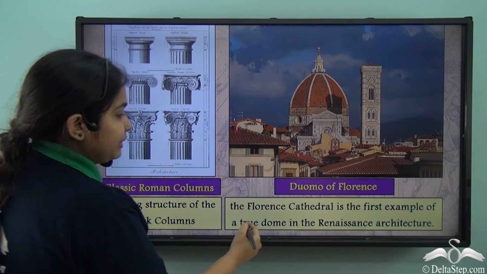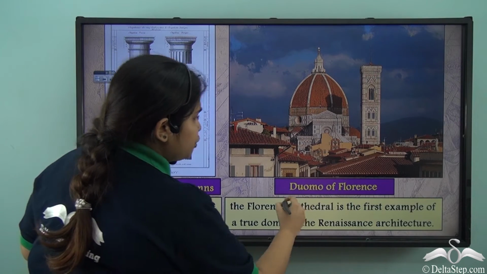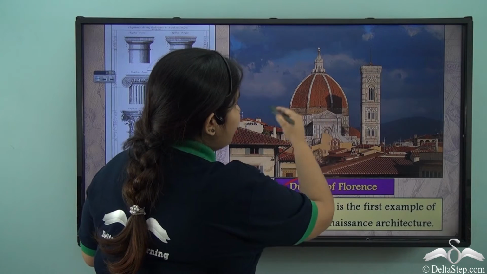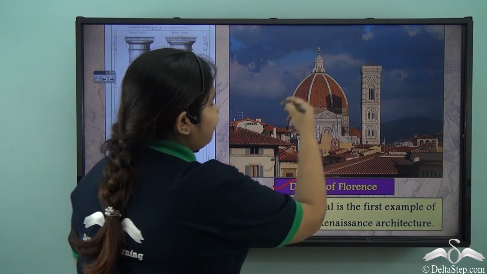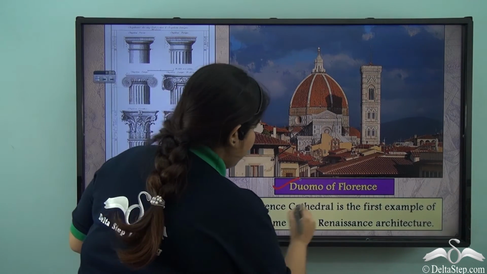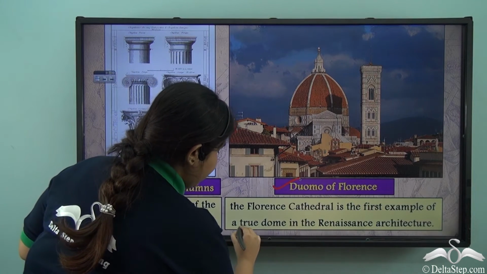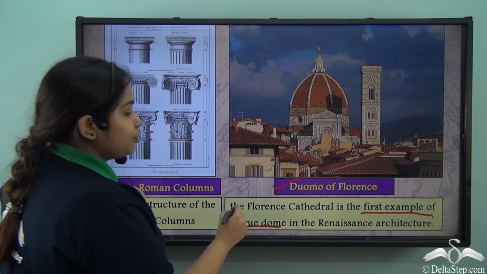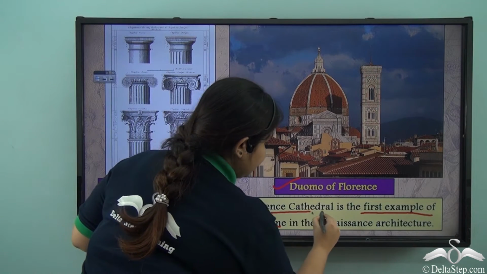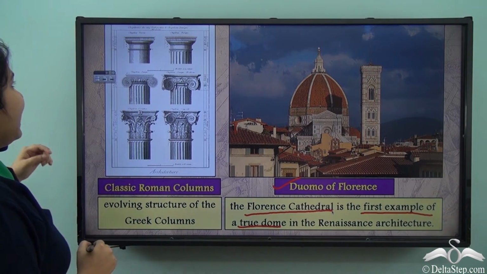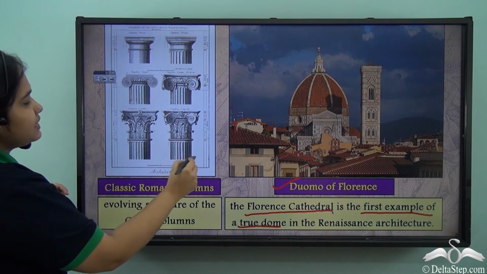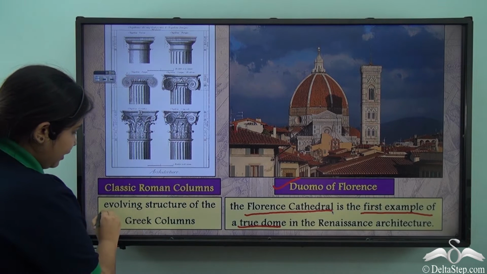So for example, in the Duomo of Florence, we can see that there is a pattern that these structures take. So this Duomo is the first example of a true dome, which is seen in the Florence Cathedral. And here we can see the various columns as they have evolved.